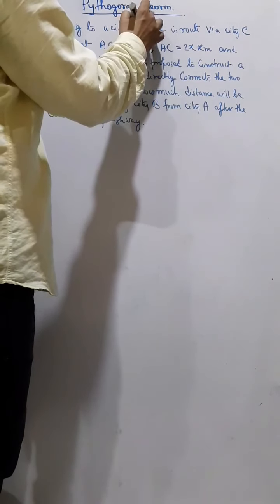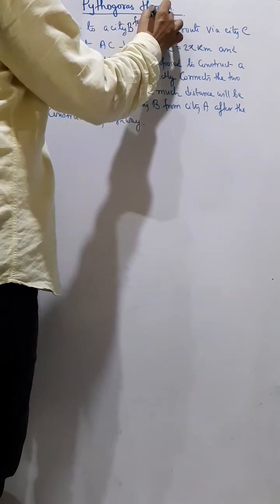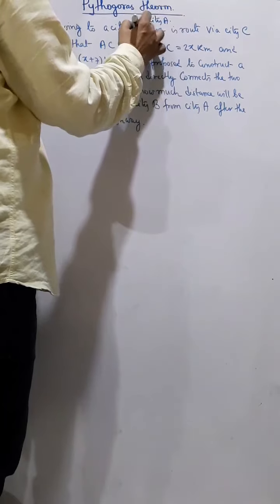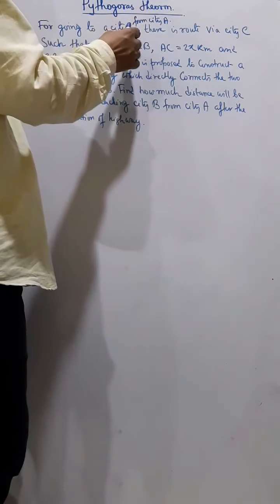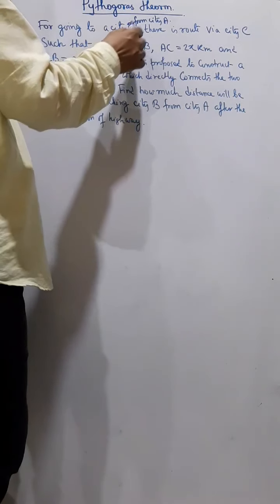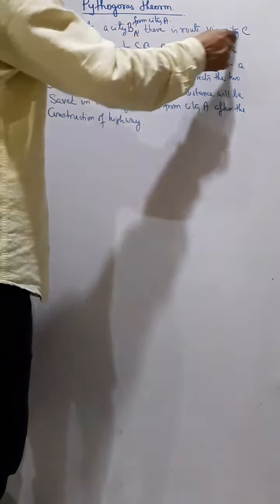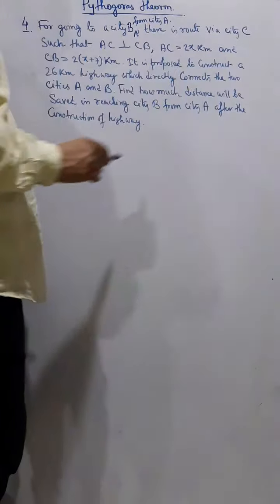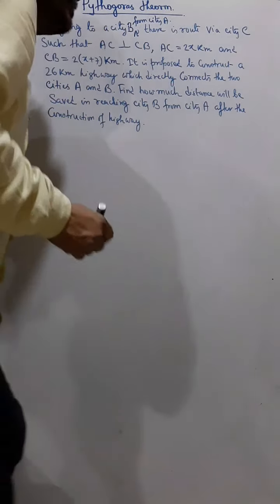So we are going from city B to city A, and we have to go via city C, and such that AC is perpendicular to CB.